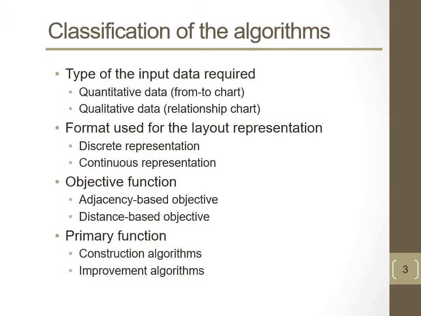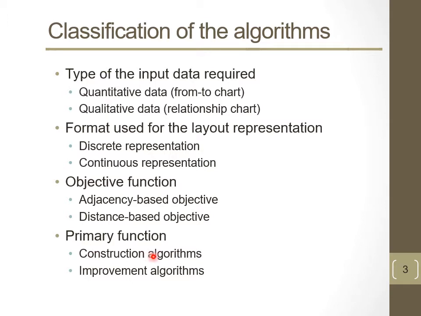Another classification criterion is the objective function. An algorithm may use an adjacency-based objective or a distance-based objective. Again, we will talk about these in detail in the following slides. Finally, we can classify the algorithms depending on their function.